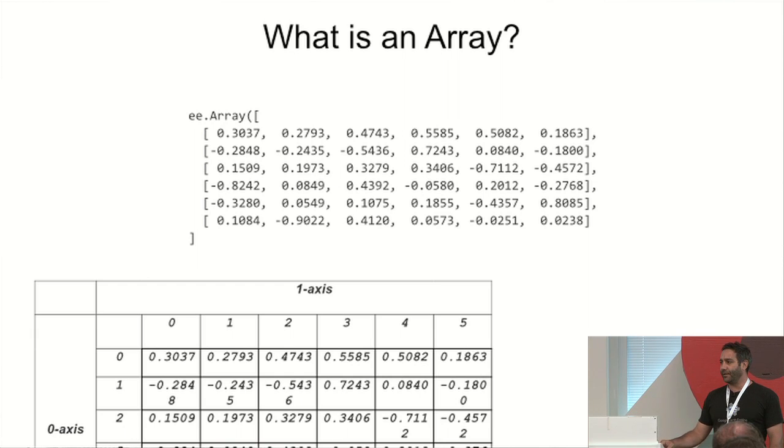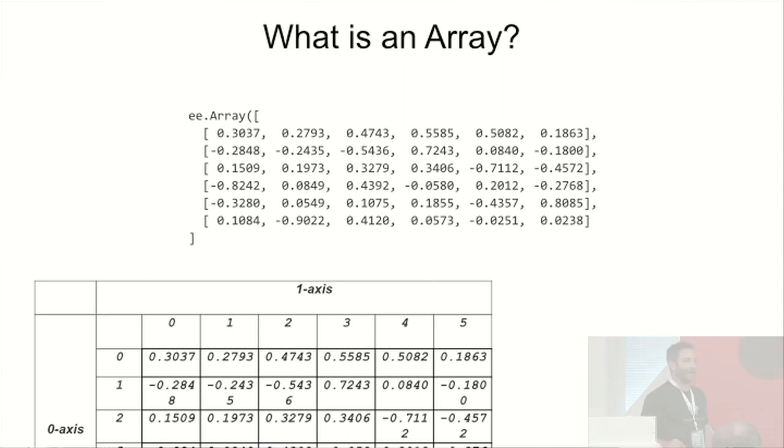All right, here's an array. Fundamentally, an array in Earth Engine is a list of lists. And the degree of nesting in these lists determines which axis you're on. We're going to get more into all this later. But suffice it to say that these square brackets are defining lists in Earth Engine, as most of you probably know.